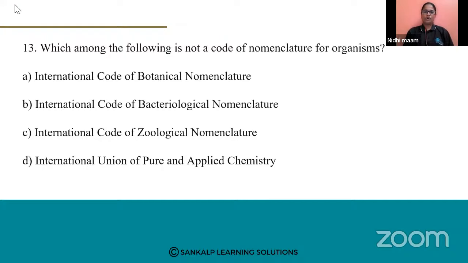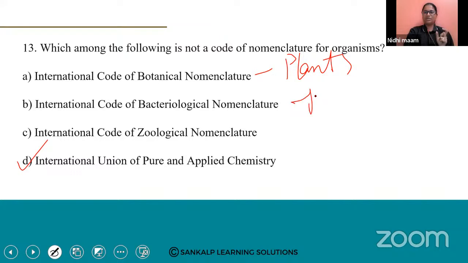Okay. So almost all of you voted for option D, International Union of Pure and Applied Chemistry, which is not at all related to nomenclature. Very easy options and very quick responses. PM Rumana Kausar also answered. All three above are there. Botanical nomenclature will give names for plants.